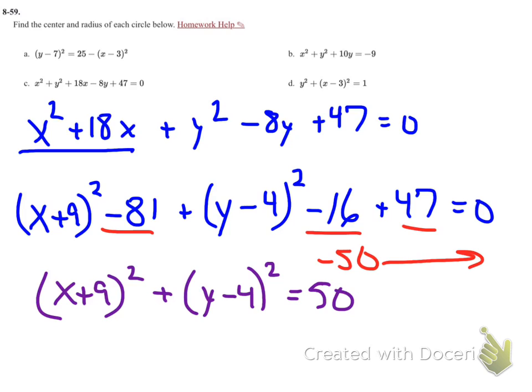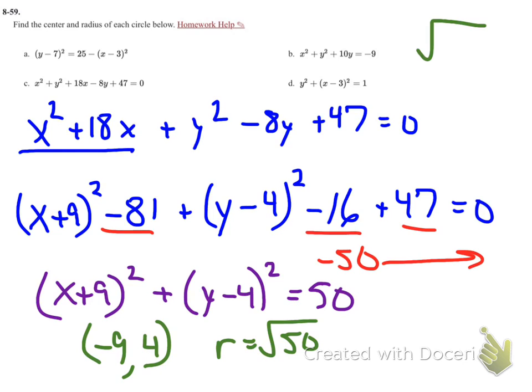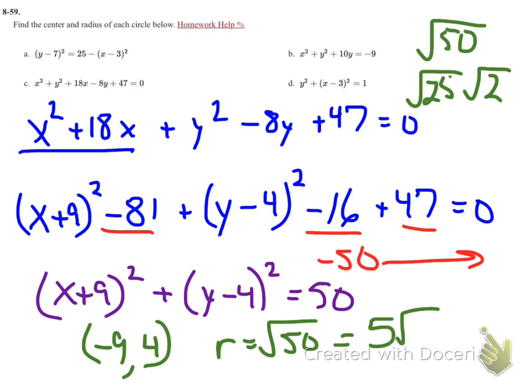That puts the center at (negative 9, 4). My radius is going to be the square root of 50. If you remember simplifying radicals, the square root of 50 is the same thing as the square root of 25 times the square root of 2, which simplifies down to 5 square roots of 2.